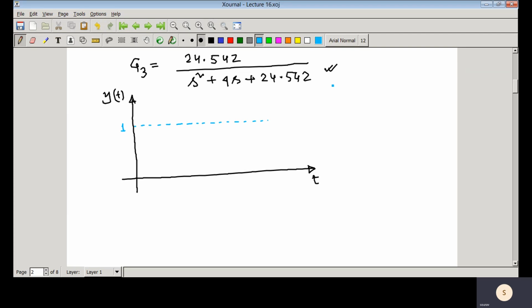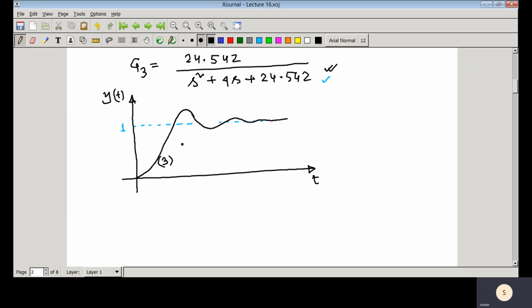So now the second order transfer function, in the underdamped case we have seen how it looks like. So this is a second order transfer function, and it is in the underdamped case. So this is 3. This black one is 3.